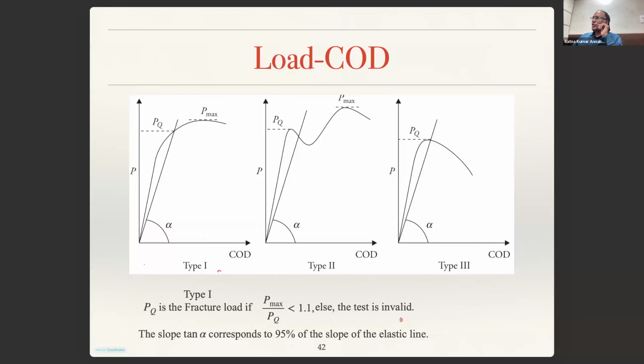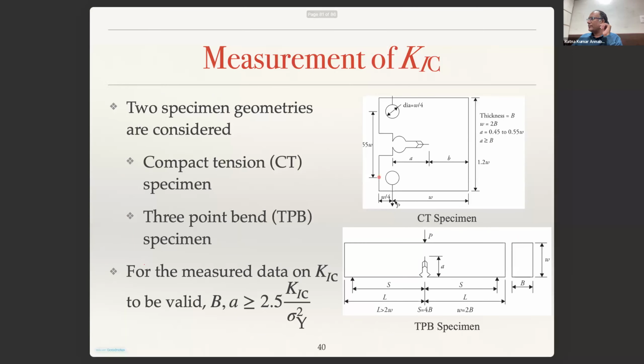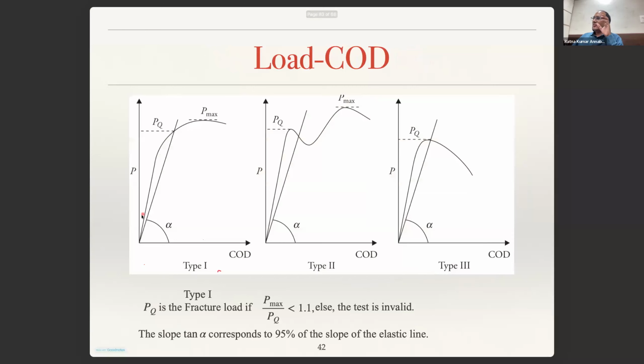When you do that, you will measure the load that you are applying, P, versus COD, crack opening displacement. That is the distance that the strain gauge shows here. When you plot the load displacement curve, you can observe three kinds of load displacement curves, and you identify this PQ.